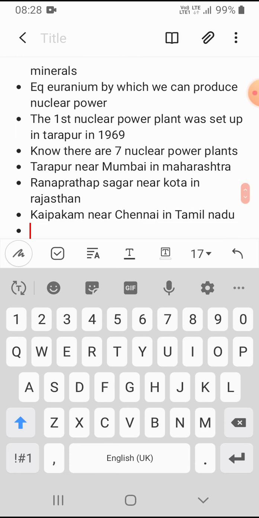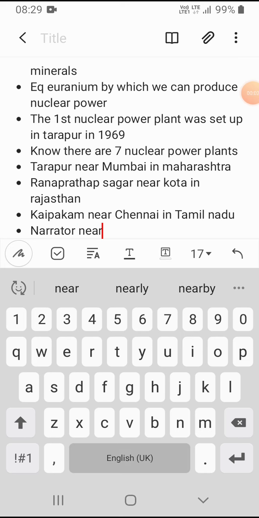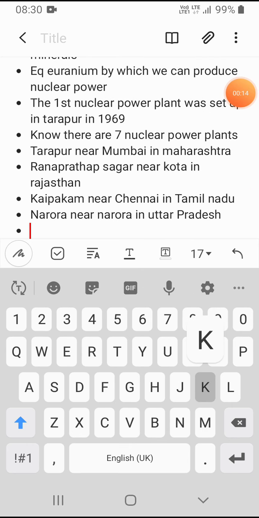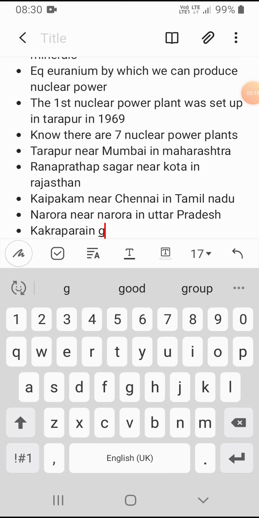Then Narora in Uttar Pradesh. Afterwards, Kakrapara in Gujarat.